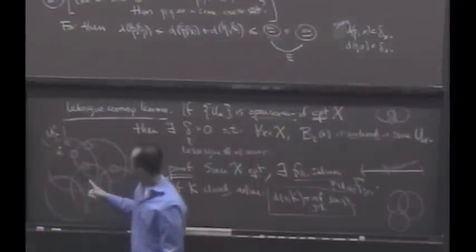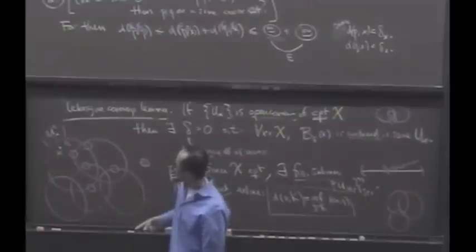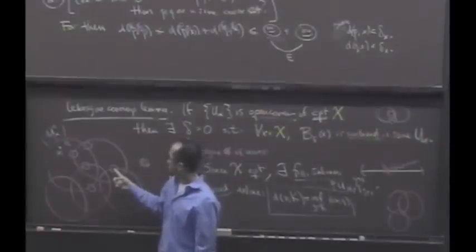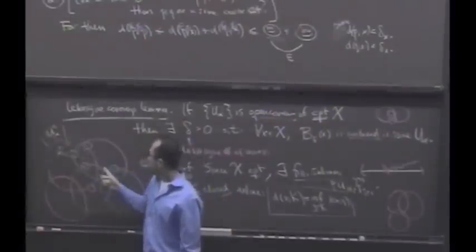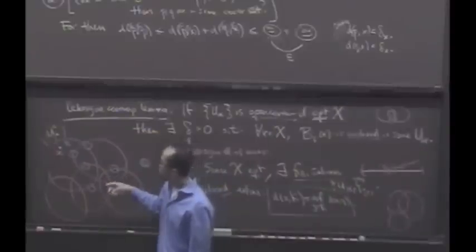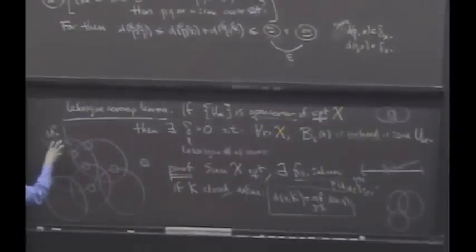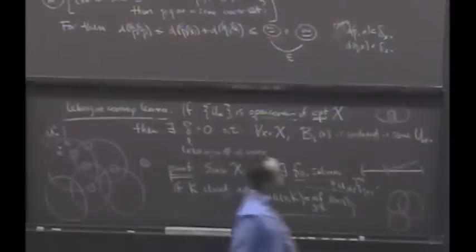If I could throw pancakes down and have them land in a set, that's really saying that this distance from one of the complements is bigger than delta. So if I could show that for at least one of the sets, there's a minimum delta ball around a point x that separates that minimum distance delta to a complement, I'm in good shape. So here's the slick idea.